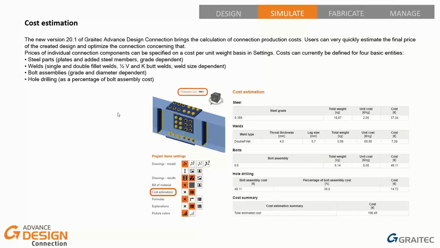You can add these results to your reports at the end using this custom option here, or remove them from your reports. So let's go on to ADC, and I will show you this in the software.